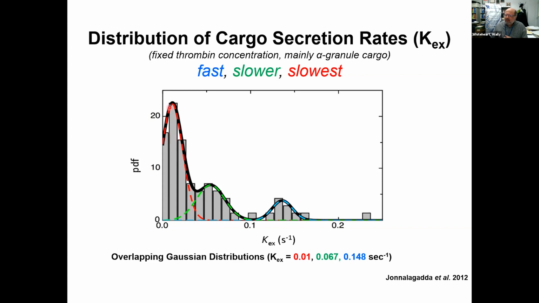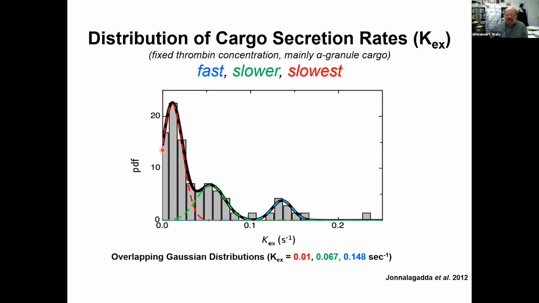But when we looked at the rate of release of all of the different cargoes I showed you on the previous slide, what we found is that they partitioned out into 3 different groups that were characterized by these 3 overlapping Gaussian curves or Gaussian distributions. Okay? We had a fast set of cargo, things that came out really quickly, and serotonin is one of this class. We had a slow class down here that came out relatively slowly.